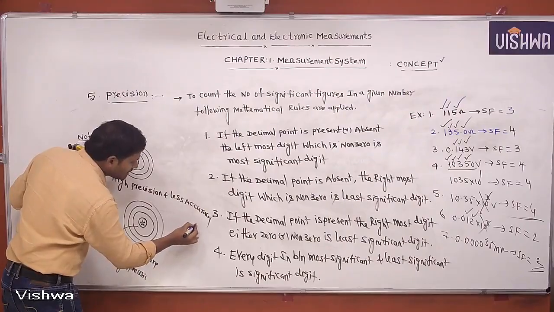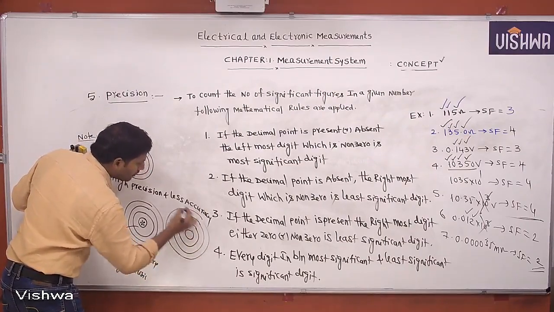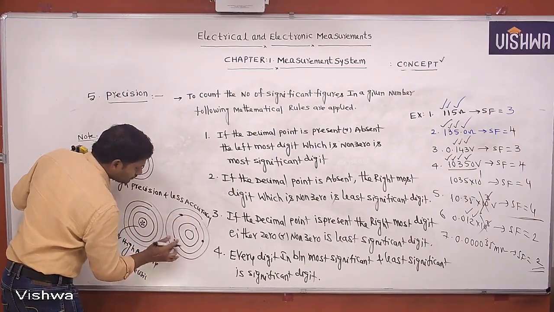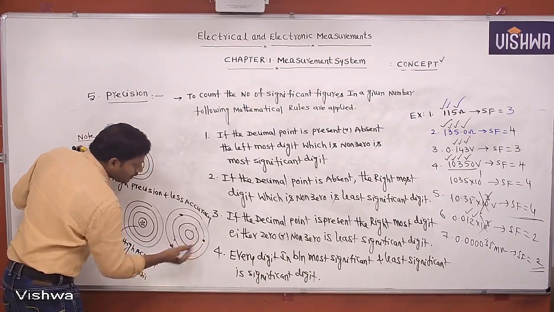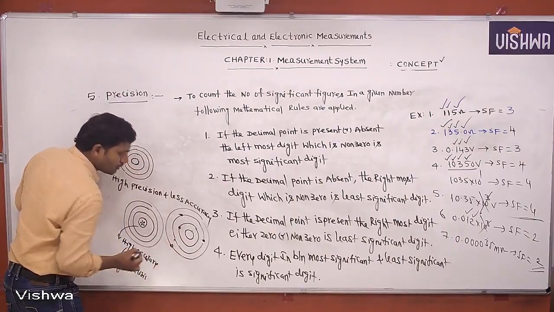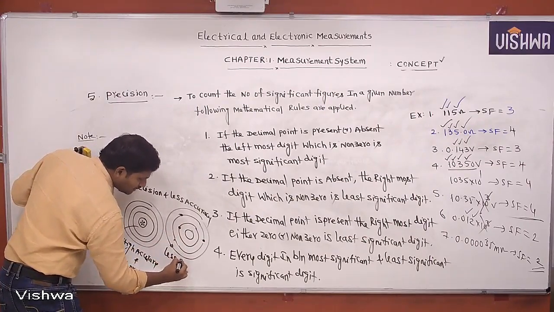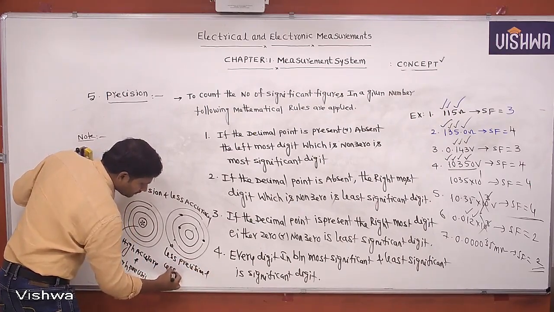For example, if it is given like this, then what is this? This is less precision and less accuracy.